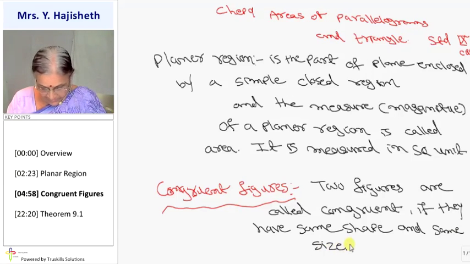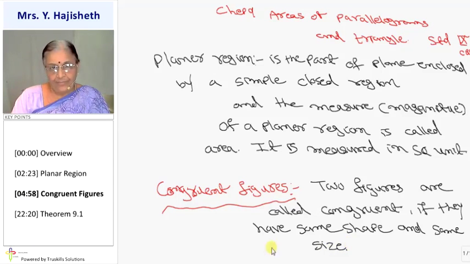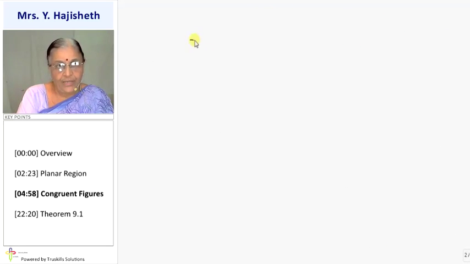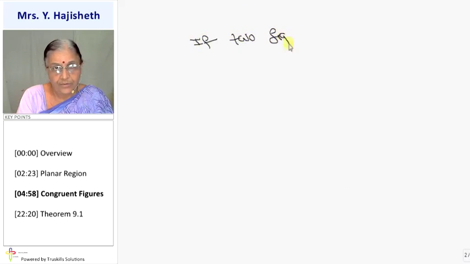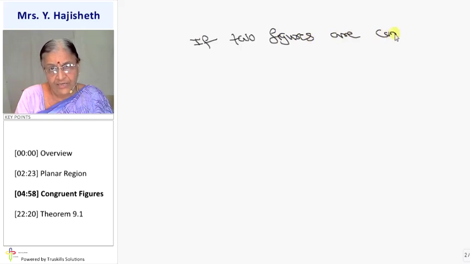And also we can say that if two figures A and B are congruent, then they must have equal area. Congruent figures are always equal in area.